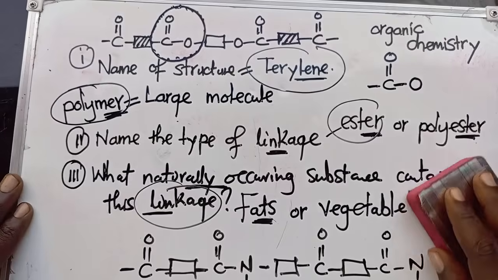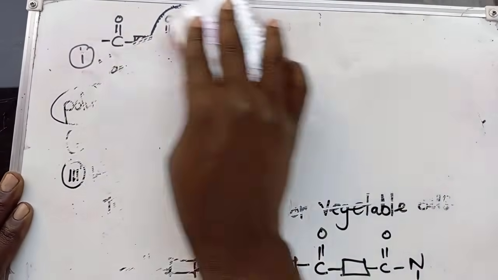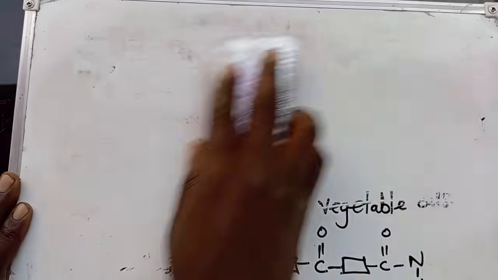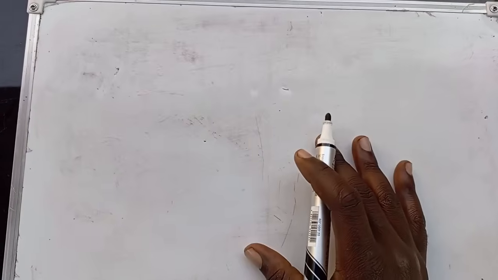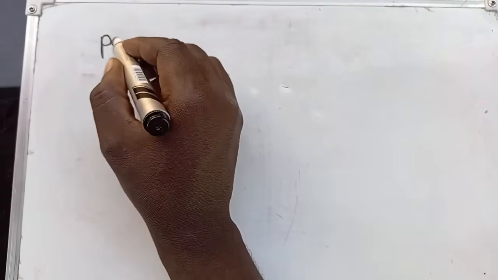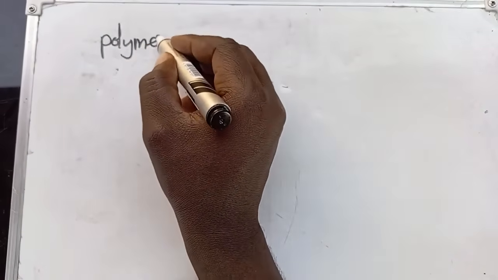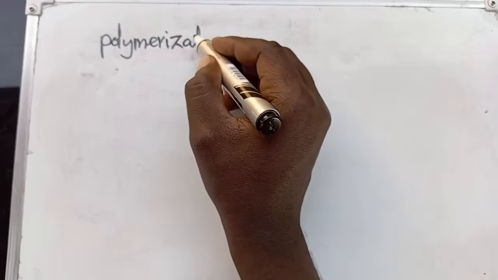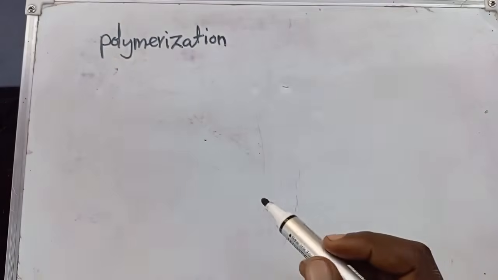So when I was starting, I talked about polymerization, where I explained the structure of a polymer. I guess you are able to follow me there. I told you that a polymer is formed from a process called polymerization.